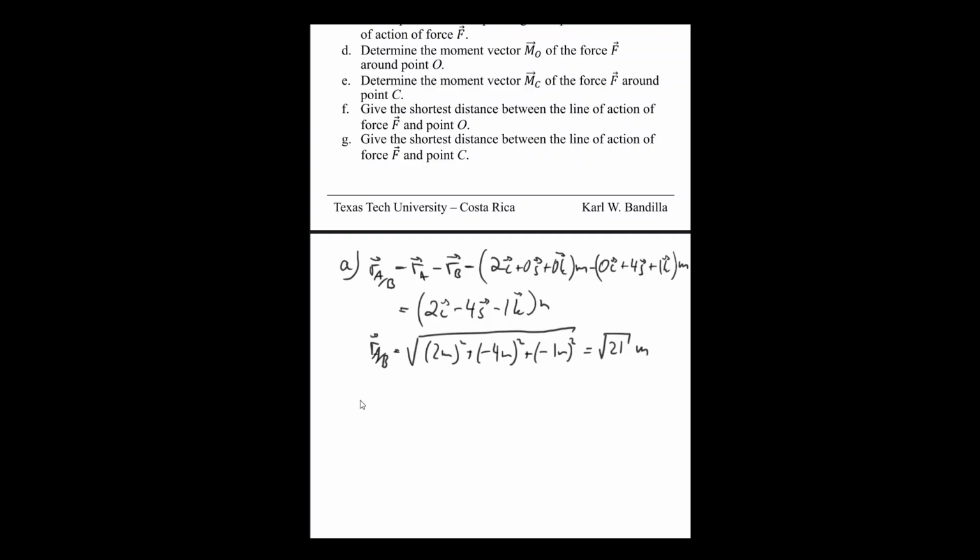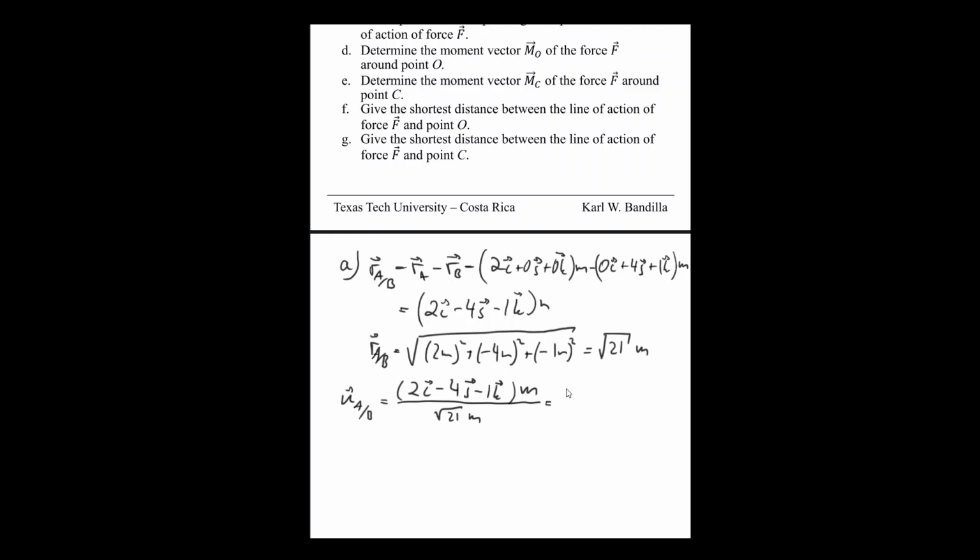We'll just leave it as a fraction, so we can say our UAB is then 2i minus 4j minus 1k meters divided by the square root of 21 meters.